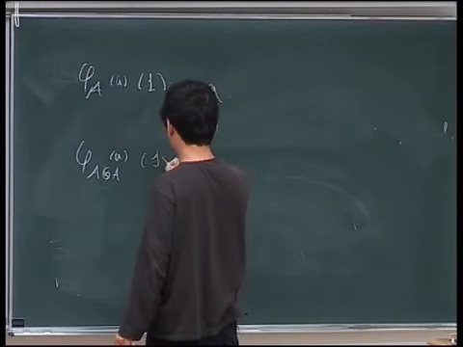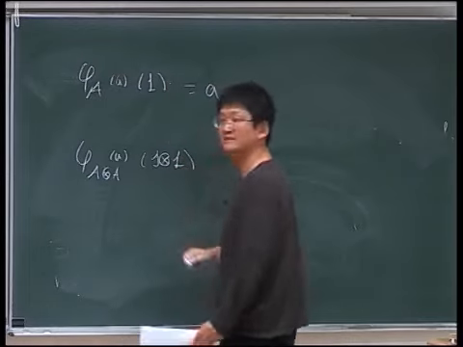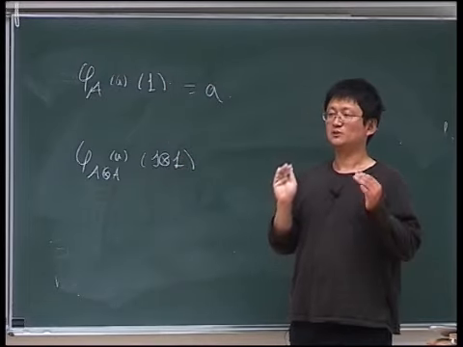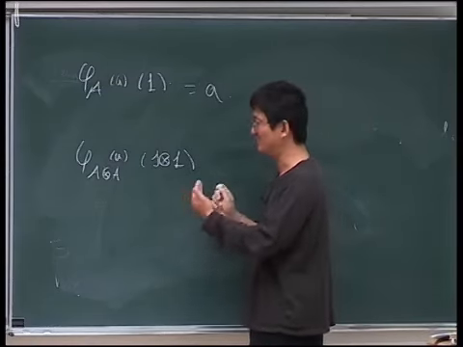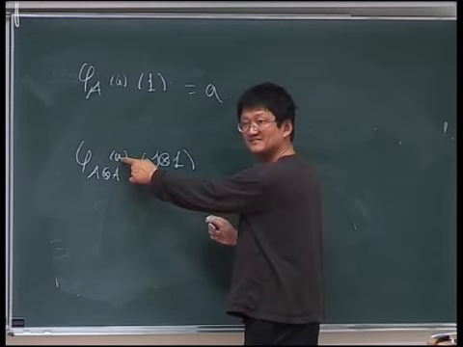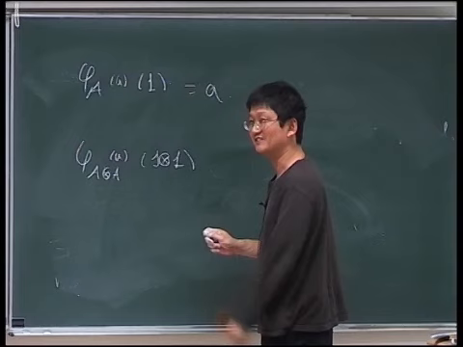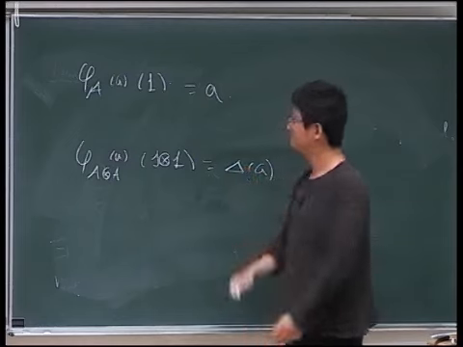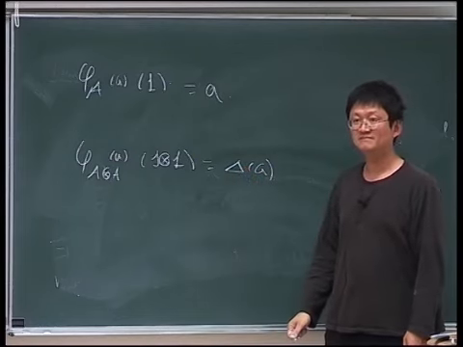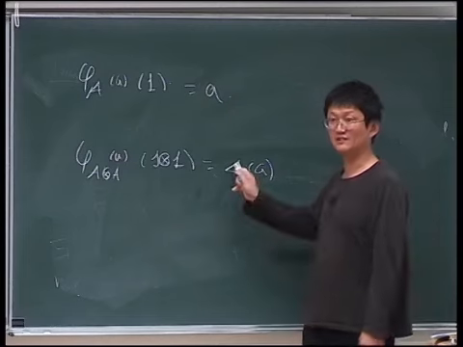Okay. Now what about phi A tensor A of 1 tensor 1? Let's look at that. Well, we're supposed to take the unique map from A to A tensor A that takes 1 to 1 tensor 1 and evaluate it on A, right? That map was delta, remember. So this is exactly delta of A. That was what we checked for delta.